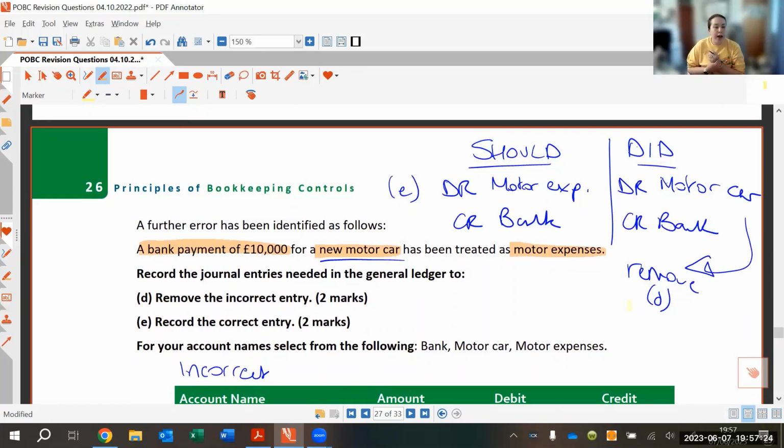No, it's not that they have made an error in posting it the wrong way around. They've posted it to the wrong type of account. So what we're doing is taking it out. So this is what they did do, and we need to therefore reverse what has happened up here.